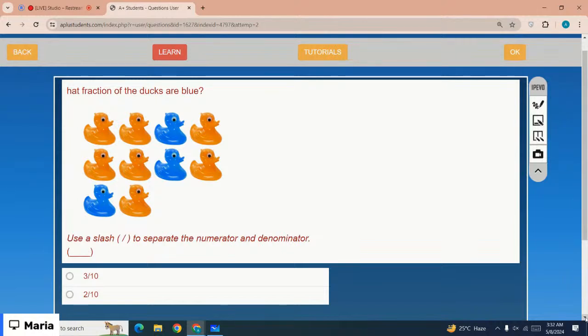You have three ducks that are blue out of 10, so that would be 3 out of 10. The correct option is option number 1, that is 3 out of 10. Got it? Option number 1 is the correct option.